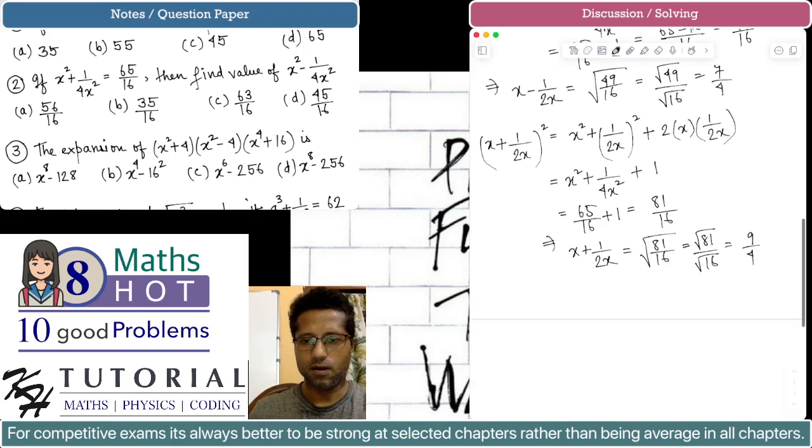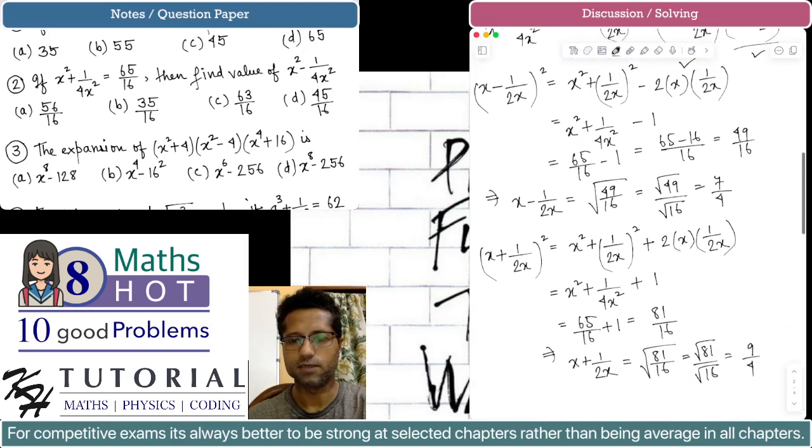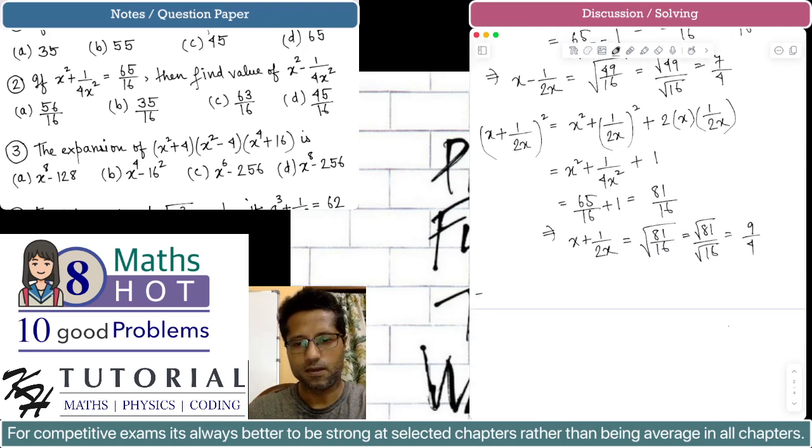So now we can say we have found x plus 1 by 2x and x minus 1 by 2x. Hence x square minus 1 by 4x square is equal to (x minus 1 by 2x) multiplied by (x plus 1 by 2x).